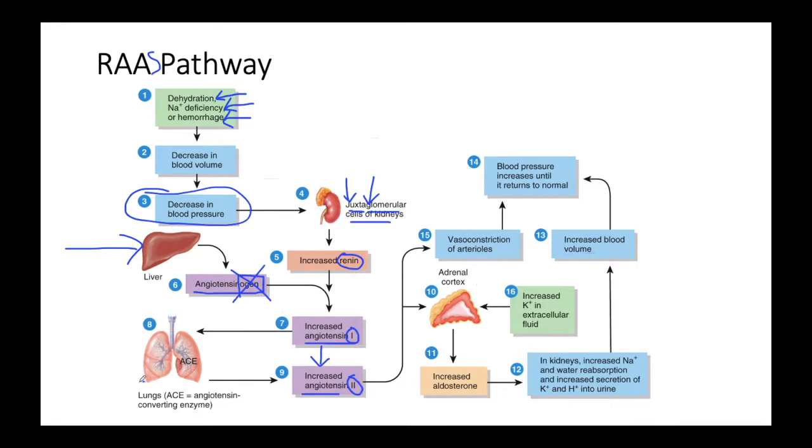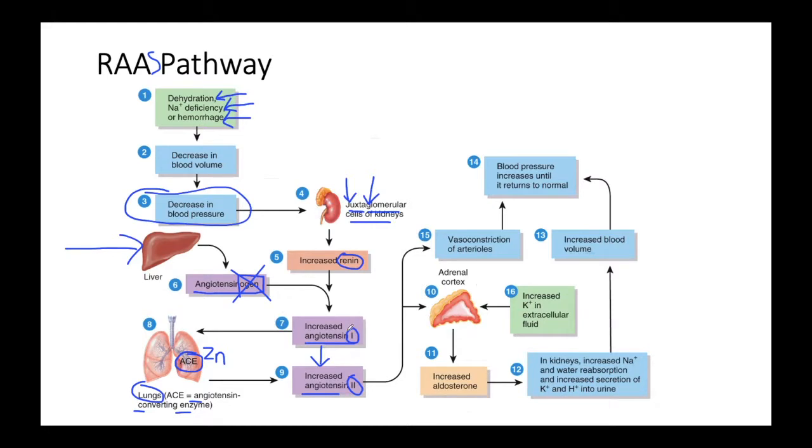Well, this is where our good friend the lungs come into play. So angiotensin 1 goes into the lungs where we have an enzyme called ACE. And ACE stands for angiotensin converting enzyme. It is zinc dependent. We need zinc in the lungs.